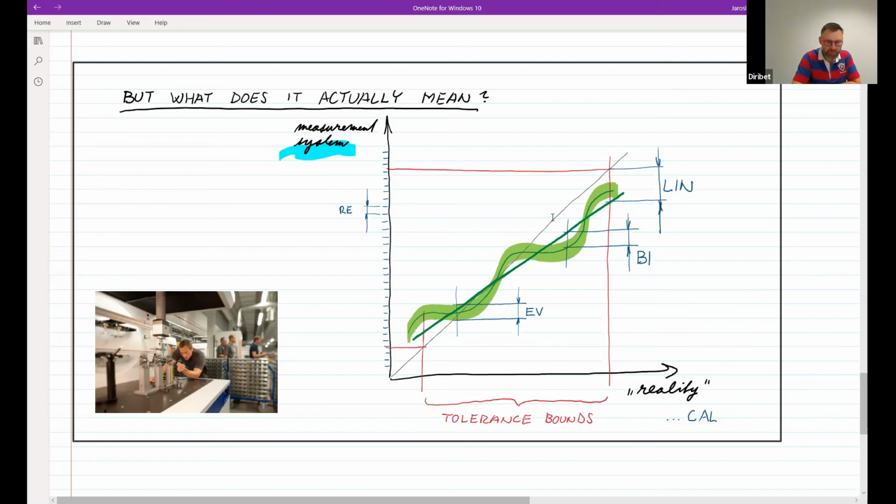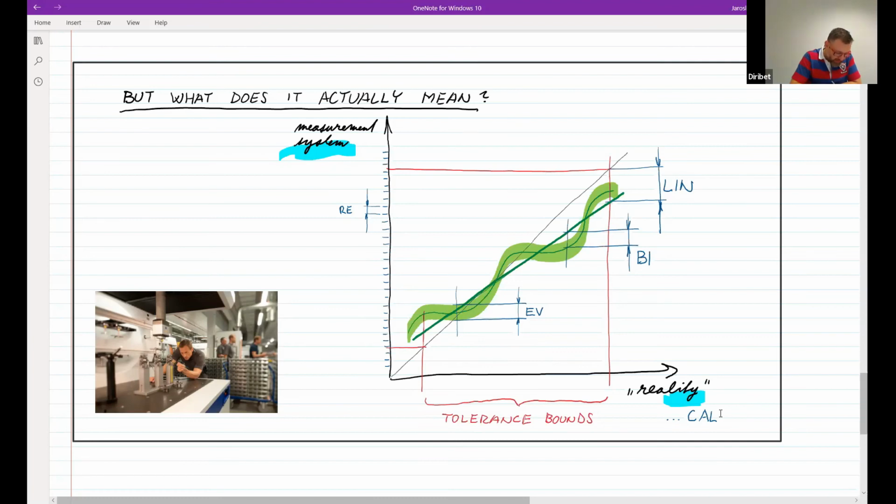So whatever comes in gets exactly the precise value coming out. But that is not the case, as you can imagine. Whatever comes in is burdened by the error of the calibration. That is the first one. So the reality, you can think of the calibration as something that burdens the reality itself.